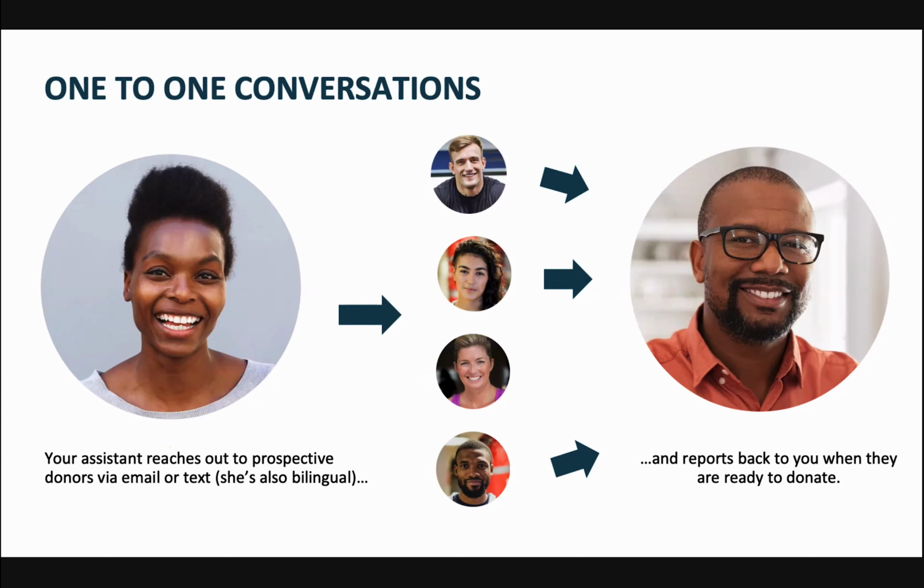We've developed an integrated partnership with a company that does intelligent artificial intelligence. This is a digital assistant that actually interacts with, call them prospects, right? So prospective donors, prospective members, prospective program participants. They're reaching out via email, via text on your behalf, and then they're reporting back to you on who is ready to have a conversation.